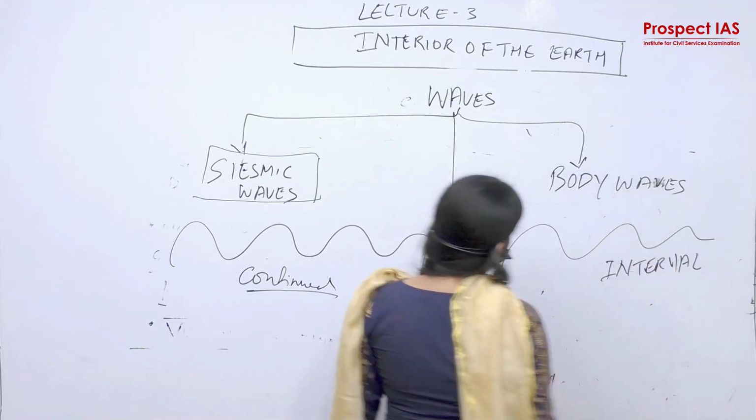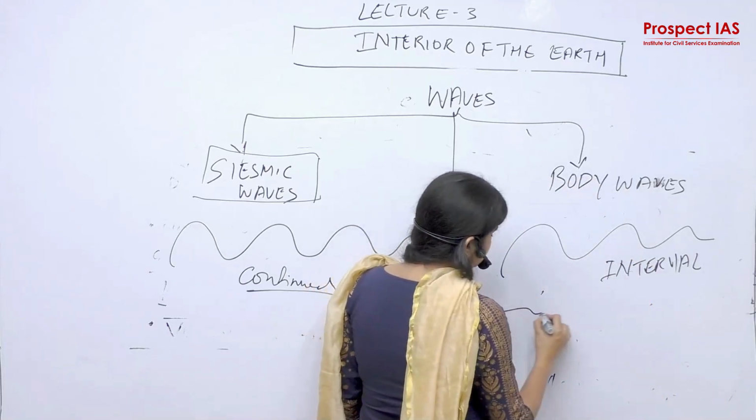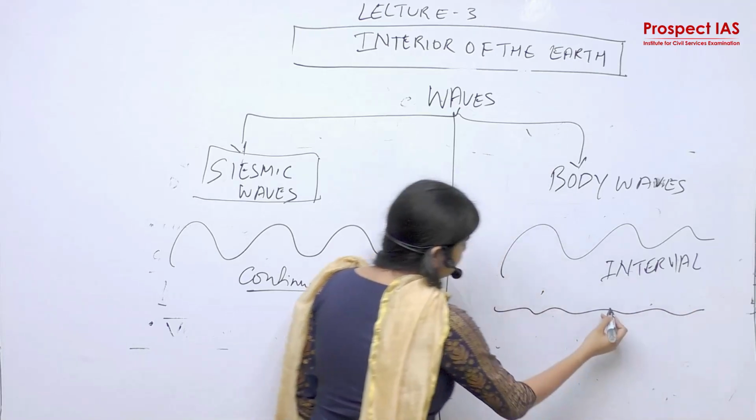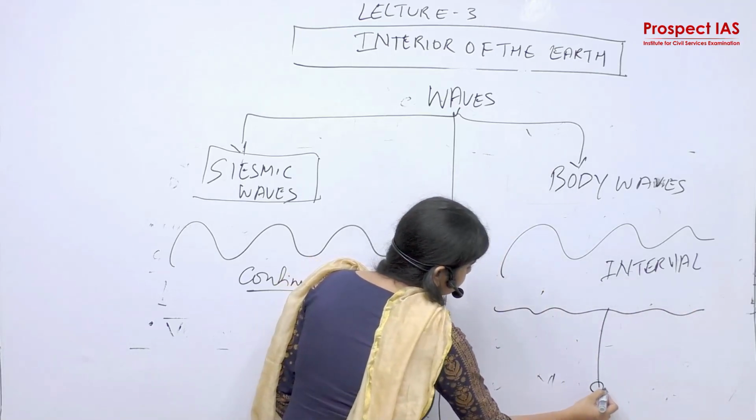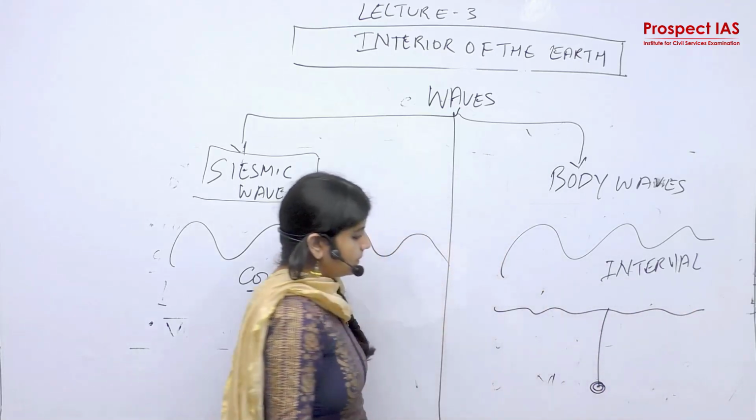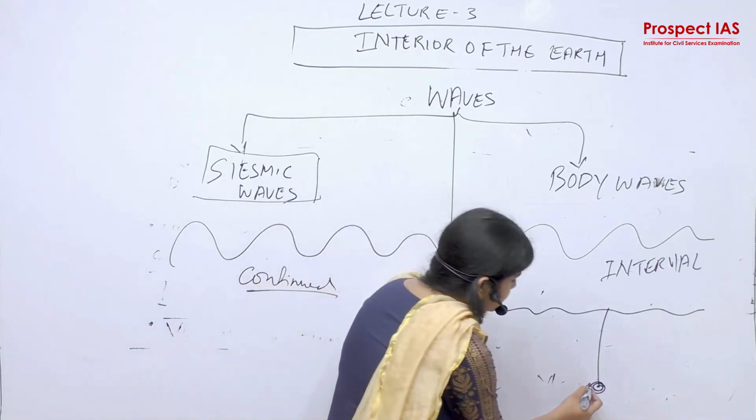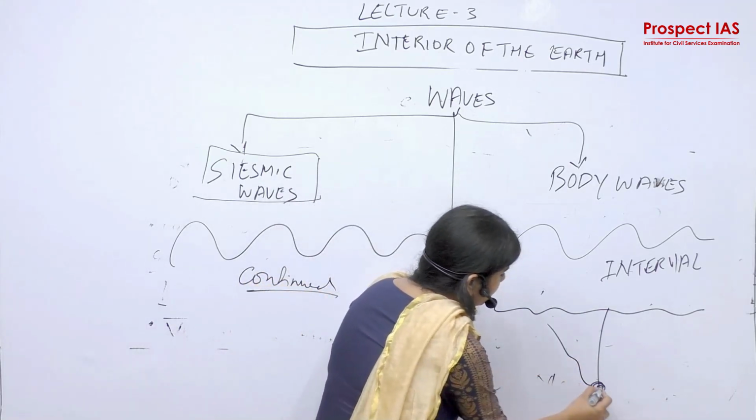So basically what happens with the body wave, suppose here it is a surface, deep inside the wave occurs. Okay, this is a point where the wave occurs. Then what will happen? It will move in all directions.